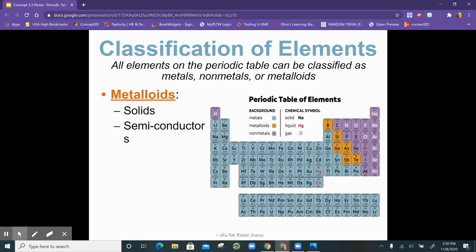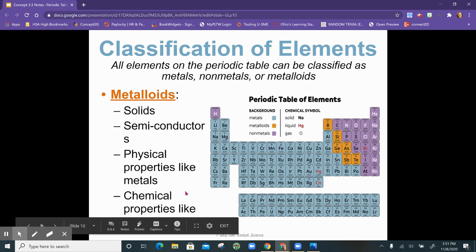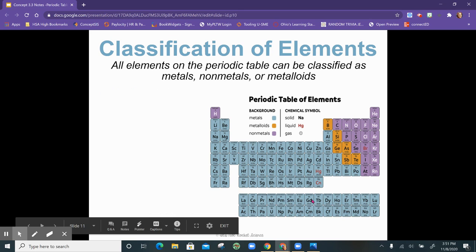So they're brittle. You can't bend them. They don't show malleability, so you can't flatten them. That's why they're called semiconductors, and they conduct less than metals. Their physical properties are like metals, and their chemical properties are like nonmetals.